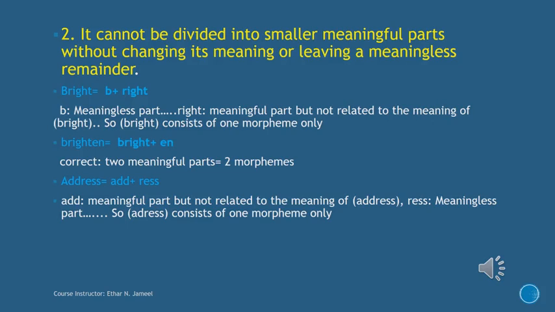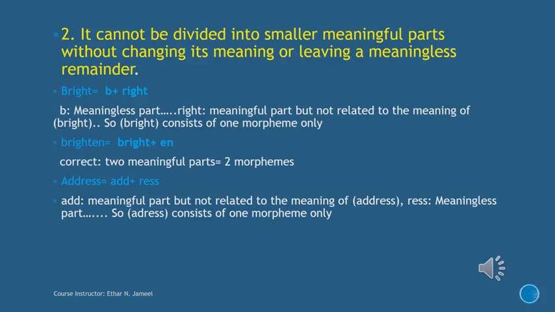A word can be divided into morphemes, but the morpheme cannot be divided into two parts, because remember that the morpheme is the smallest meaningful unit of a language. It means we cannot divide it further into two parts.